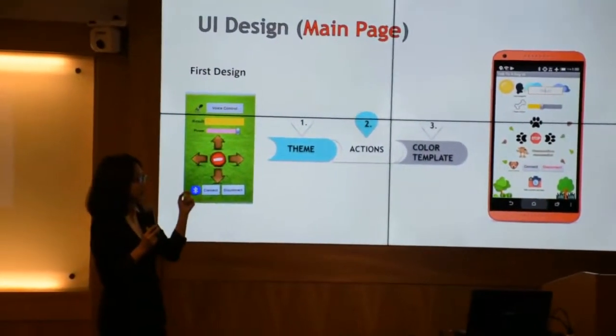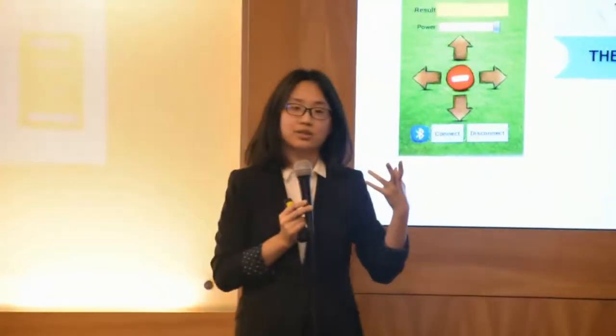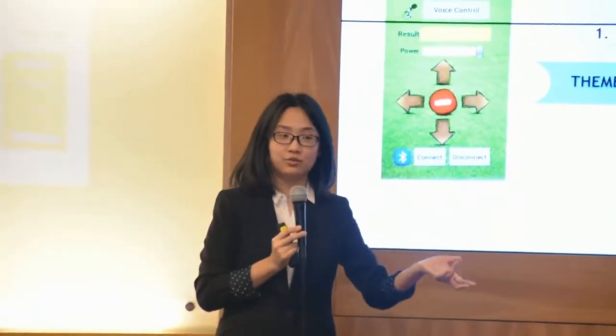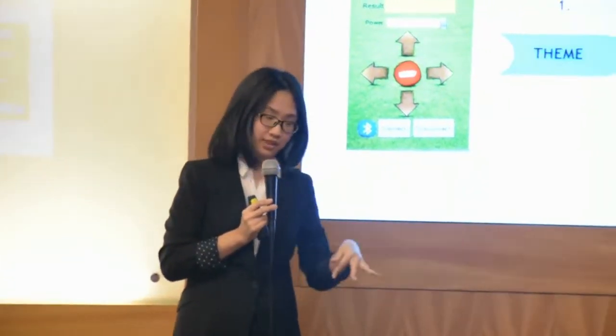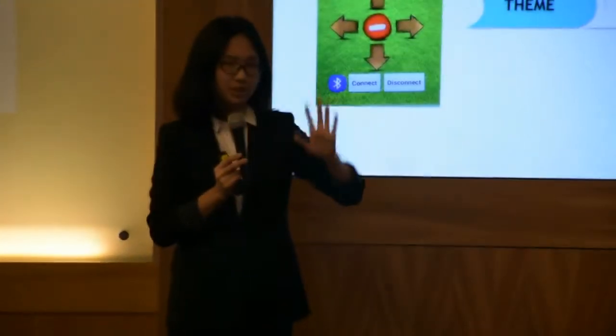Below it, you can issue commands for the dog to walk left, right, forward, or stop. And below that is a screen that tells you the state of your Bluetooth connection, whether you've connected or disconnected successfully. And below that is the button that allows you to take an image from within the app. Now I'm going to pass it to Cindy to talk about the animation of the dog on the screen.